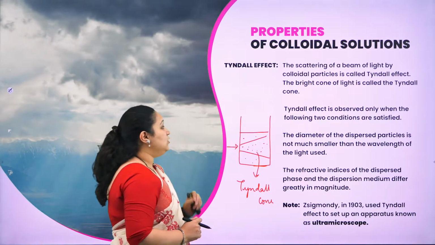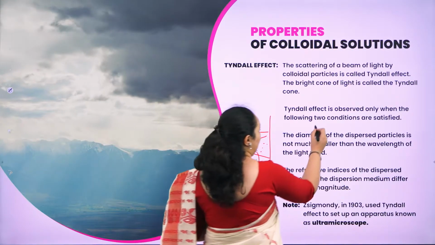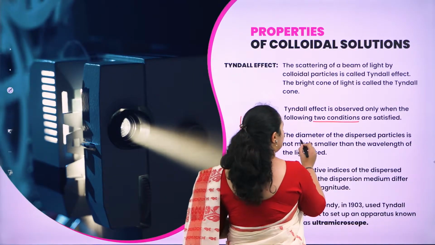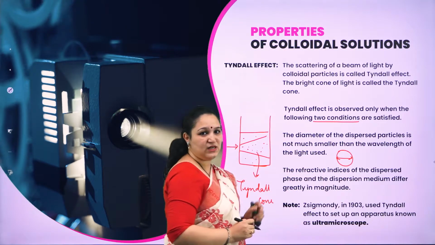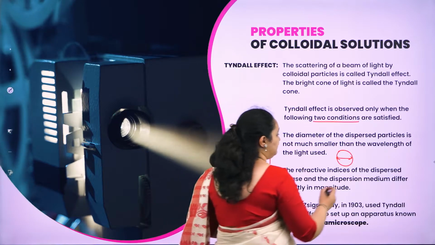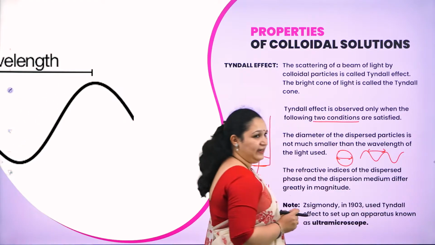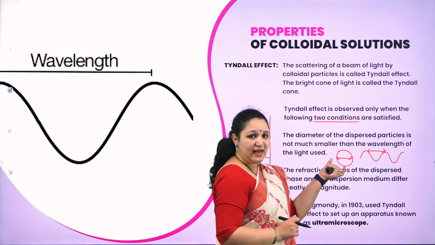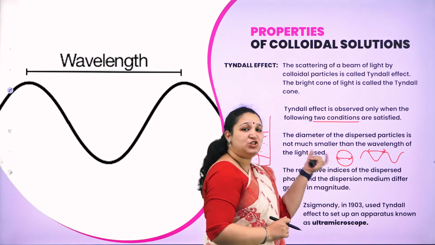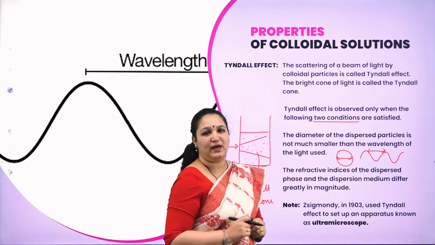Now, there are two conditions required to show Tyndall effect. The first one is the diameter of the dispersed particle and the wavelength of the light should be almost the same, or the particle size should not be much smaller than the wavelength of the light which we have used.